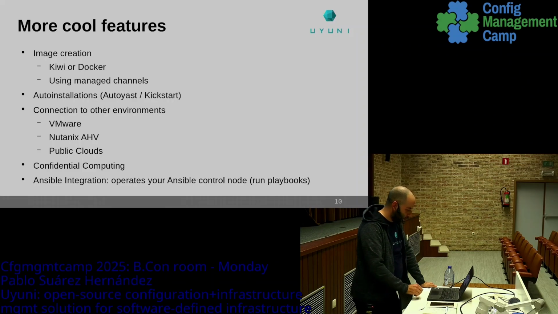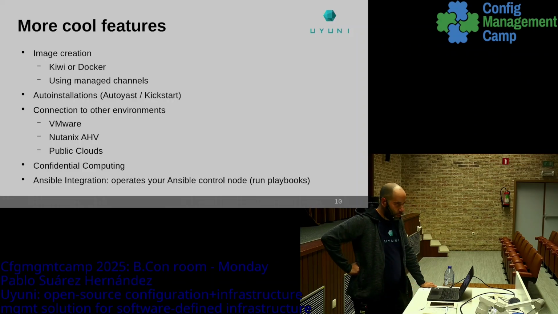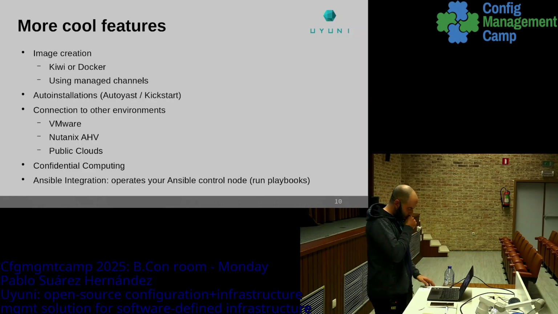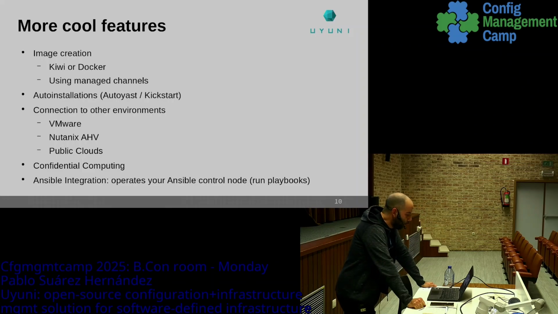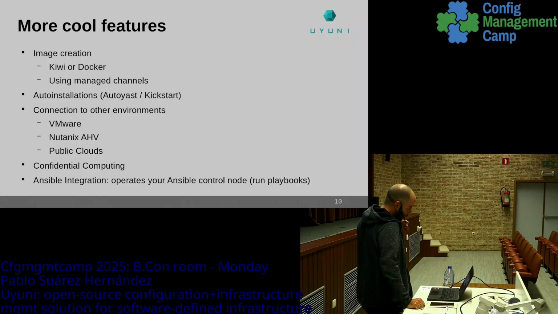We have also auto installation. So on the SUSE side, you can run AutoYaST. AutoYaST is basically a definition of the state of your machine that is able to allow you to run unattended installations of your system, and yeah, just run the installation and get the system registered in your Uyuni instance.